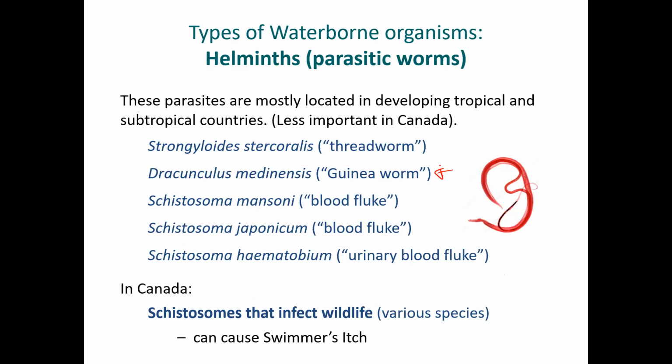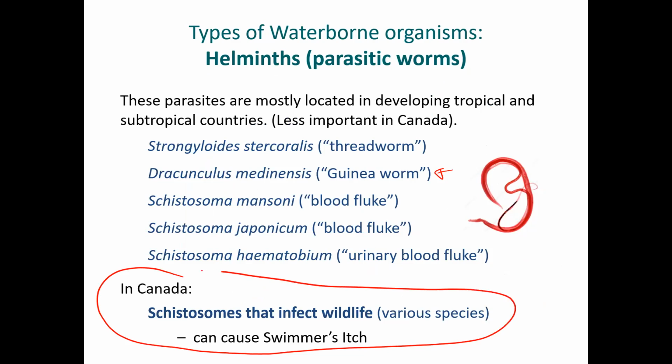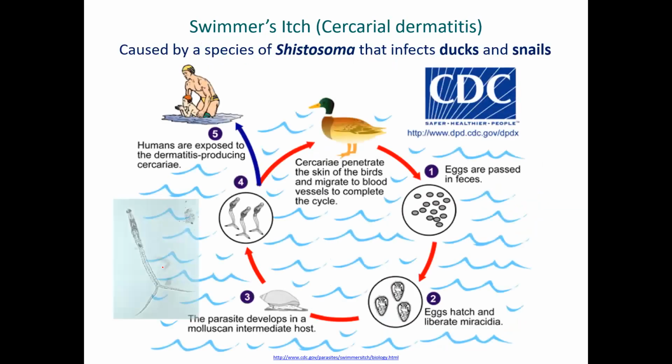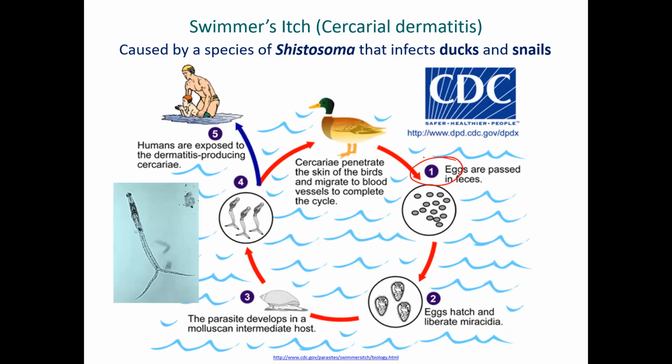The one that is relevant in Canada is this one here. And this is the one that causes swimmer's itch. So let's talk about that for a minute. Swimmer's itch is caused by schistosome. That's one of these worms. And this is a duck snail thing that's going on, right? So you can see there's the duck, and the duck, number one here, poops out the eggs.